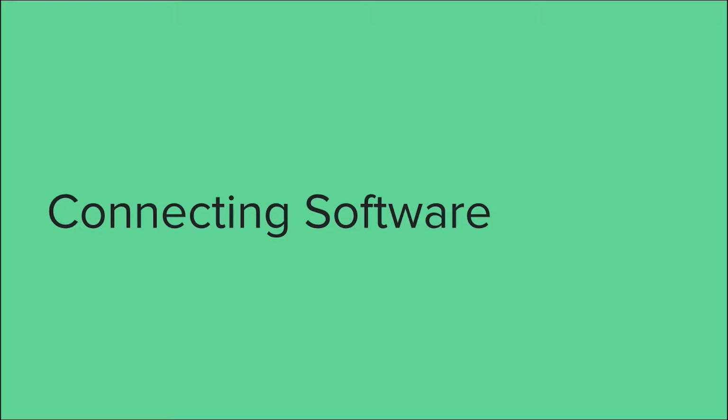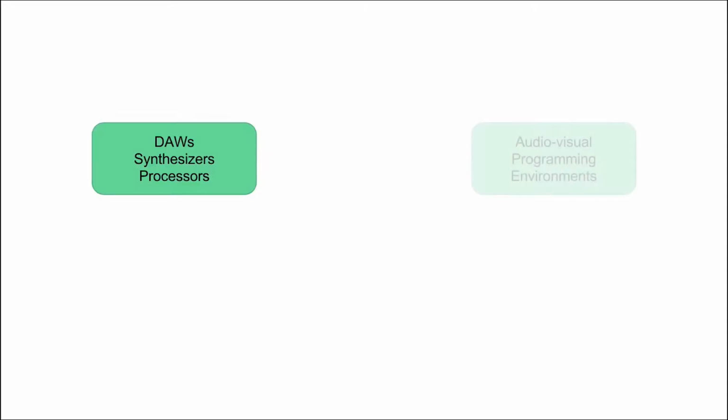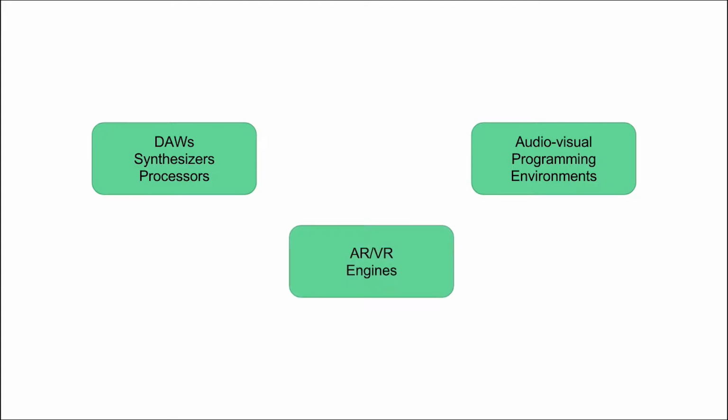We've got 3 types of software that have very different approaches to content generation and very different UIs and demand very different skill sets, and they guide content creation in very different ways. And the goal of the project is to merge all these tools together to allow artists to create an immersive, interactive audio-visual experience.